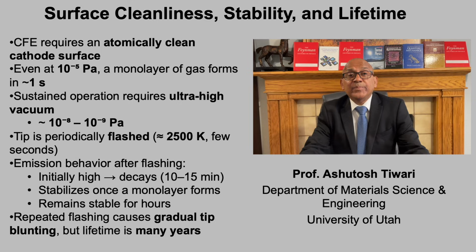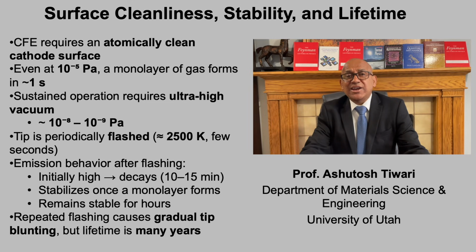Before operation, the emitter tip is therefore flashed clean by briefly heating it to a temperature of about 2500 Kelvin for a few seconds. This removes adsorbed gases and restores a clean emitting surface.